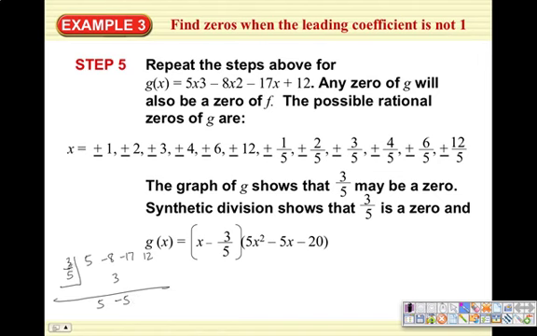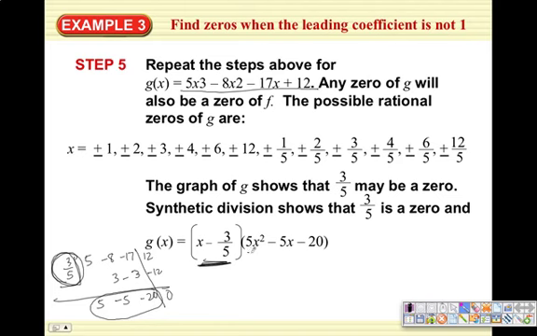You multiply, you get negative 3. Then you get negative 20, and you multiply and you get negative 12, which you'll notice the 0 here, which means 3/5 is a 0, which means x minus 3/5 is a factor. And then they pulled that factor out. That factor times this guy right here gives you this up here.